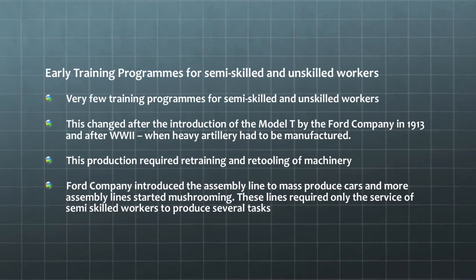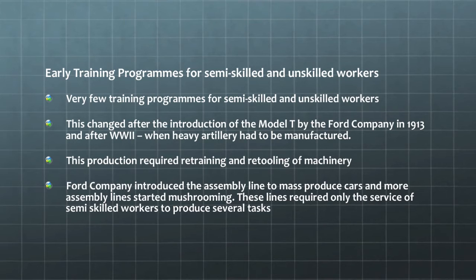This production required retraining and retooling of machinery. Ford Company introduced the assembly line to mass-produce cars, and more assembly lines started mushrooming. These lines required only the service of semi-skilled workers to produce several tasks.